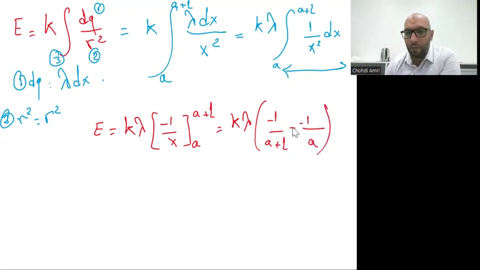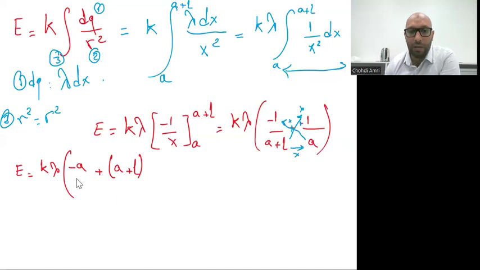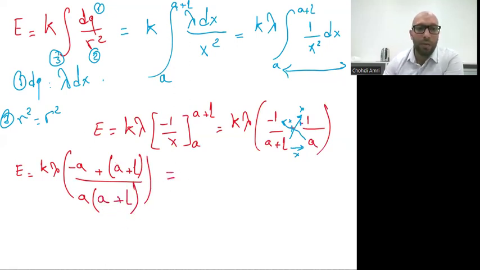So you see here that we have minus and minus, which cancel each other, and then we add these two quantities. We multiply this by this and this by this. So what do we get? E equals K lambda multiplied by minus A plus L divided by the product of the two denominators, A times A plus L. As you see here, we have minus A and A, which cancel each other.